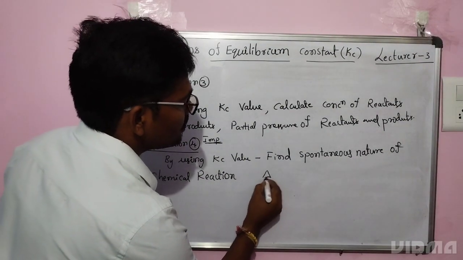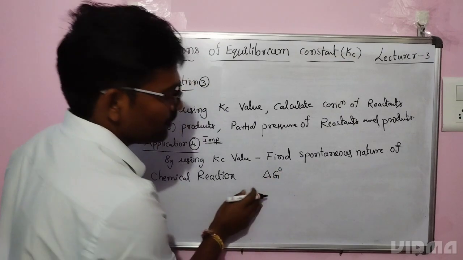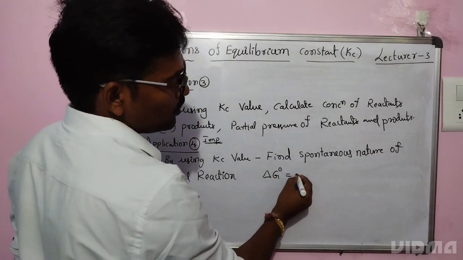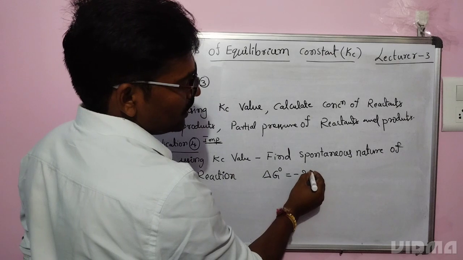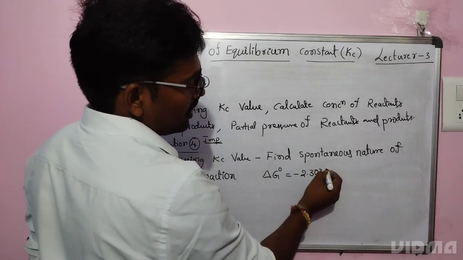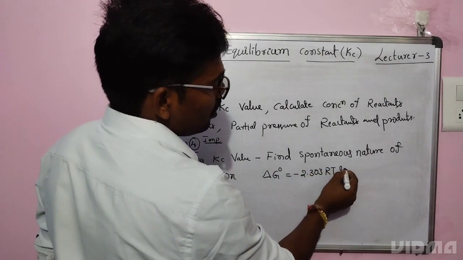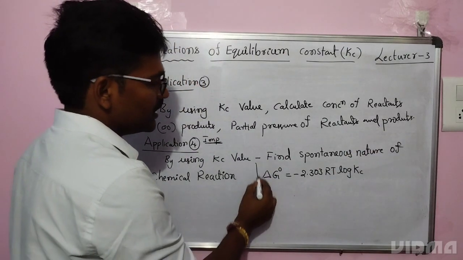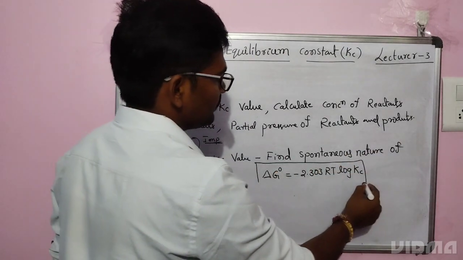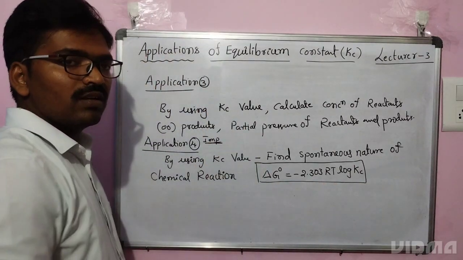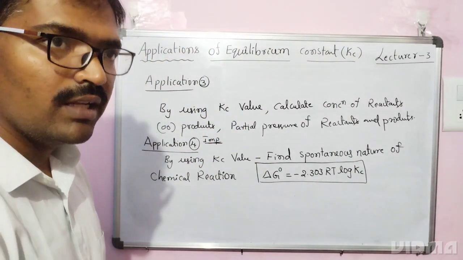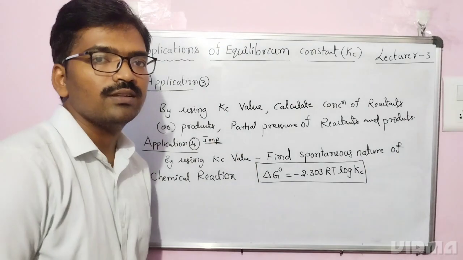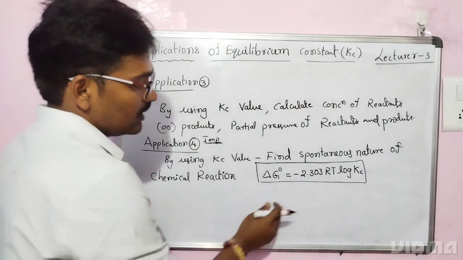Delta G naught, the standard Gibbs free energy, equals minus 2.303 RT log Kc. This is a very, very important relation.